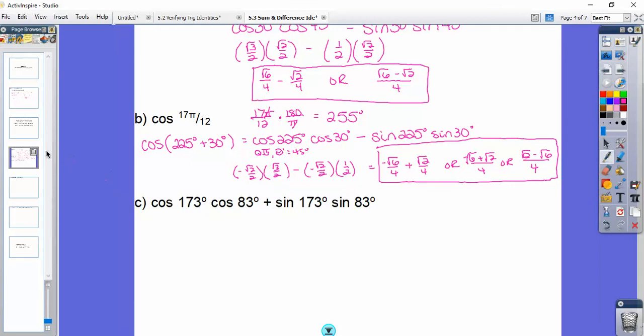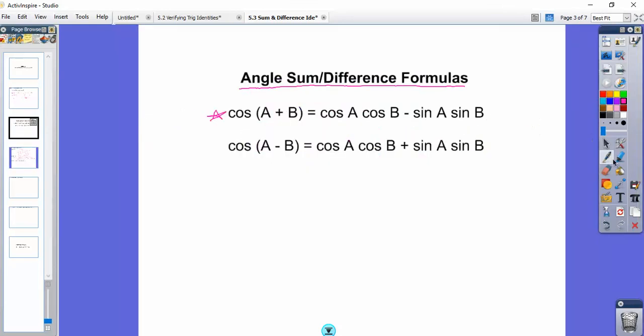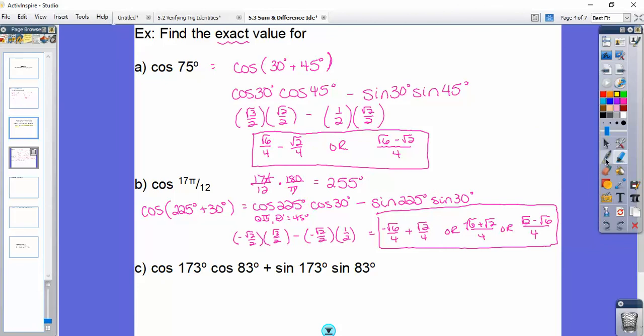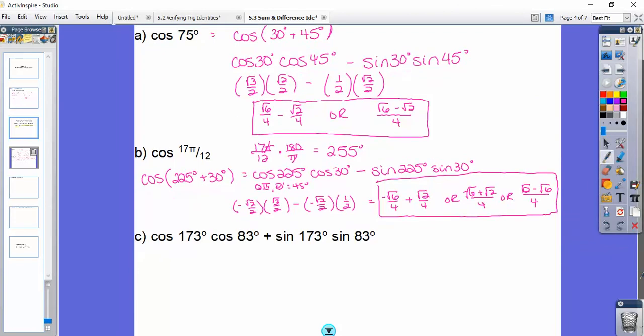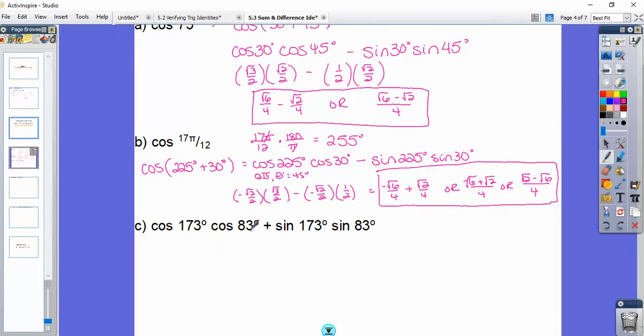For C, I gave you the other side of the formula. It's cosine times cosine plus sine times sine. Looking at my formula, that means it turns into cosine of A minus B. So this is the cosine of 173 minus 83.